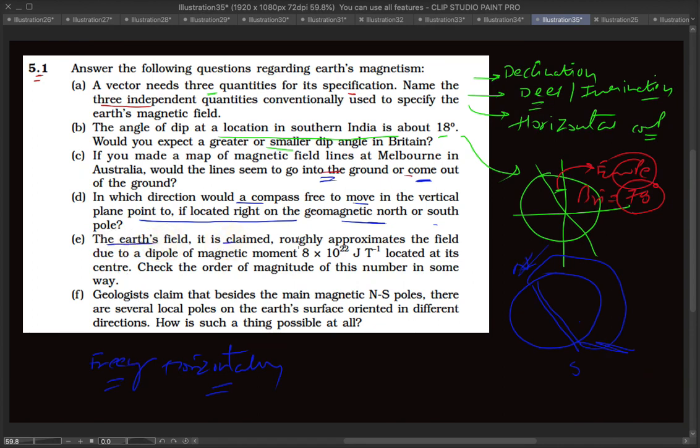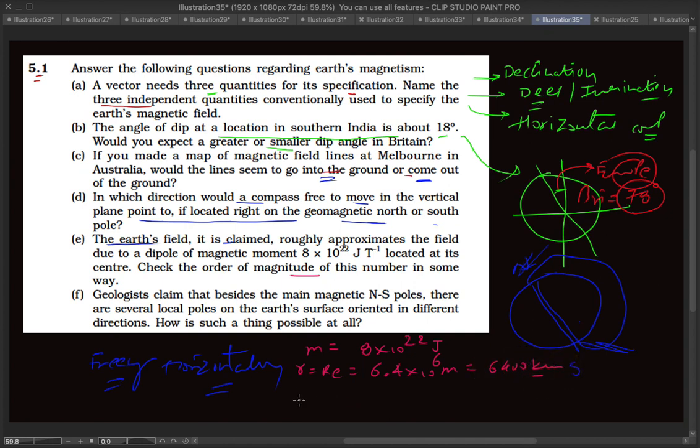Next part is that Earth's field is claimed to be roughly approximately the field due to a magnetic dipole moment, and we have to justify whether the magnitude is in that range or not. Let's say my magnetic dipole moment is 8 x 10^22 joules per tesla, and the radius of the Earth is 6.4 x 10^6 meters, or 6400 kilometers.